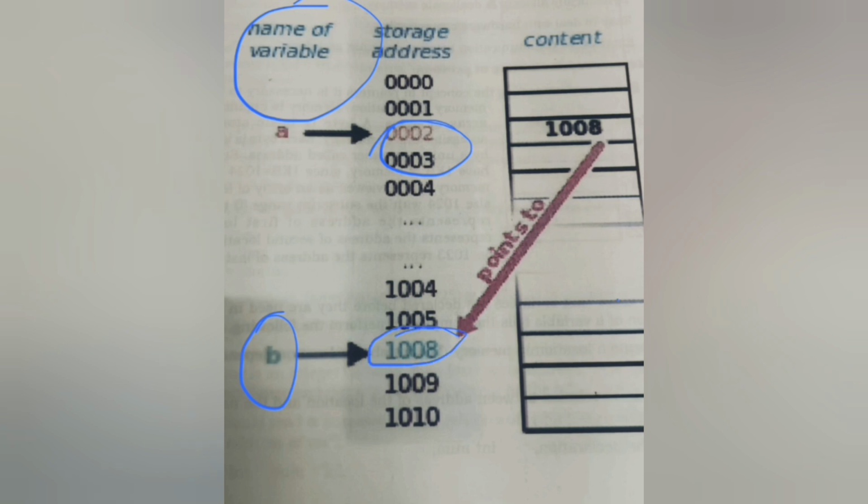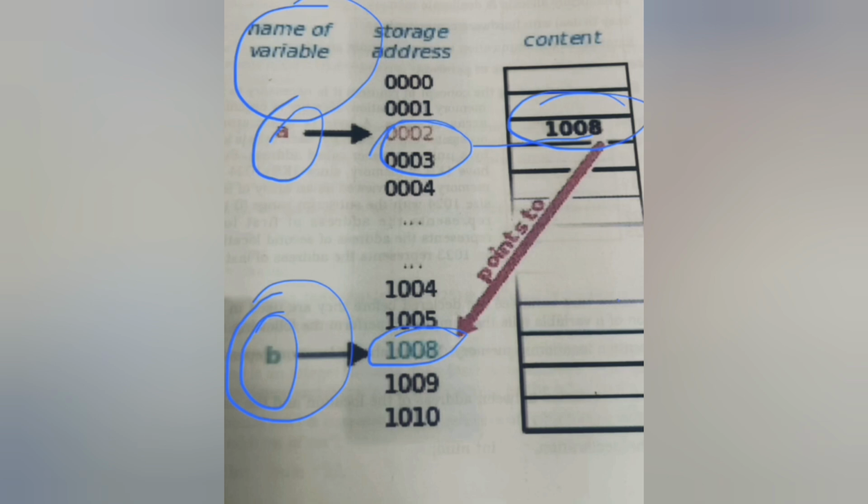The value stored at address 002 is 1008. This means that variable a is holding the address of another memory location, which is the location of variable b. Since a contains the value 1008, dereferencing a would give you the value stored at address 1008, which is the value of variable b. I hope you understood.